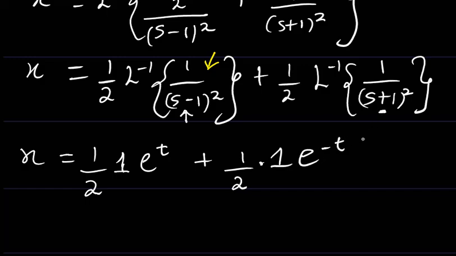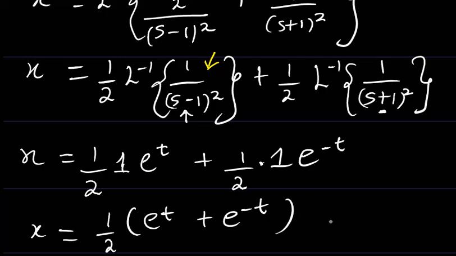So writing it in a normal way, or we can simplify, taking 1 all over 2 out as a common factor: 1 all over 2, bracket open, the exponent of t, then plus the exponent of minus t. And that is the answer.